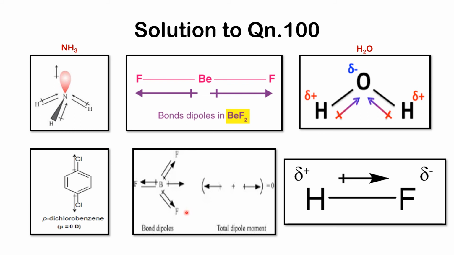Boron trifluoride from boron towards fluorine, from boron towards fluorine, from boron towards fluorine. என்ன ஆகும்னா ரெண்டு dipole moments will be equal to and opposite to இன்னொரு dipole moment, the remaining one. So எல்லாமே cancel ஆயிடும். So net dipole moment என்னவா இருக்கும்னா 0. Hydrogen fluoride from hydrogen to fluorine dipole moment இருக்கு, it's not equal to 0.